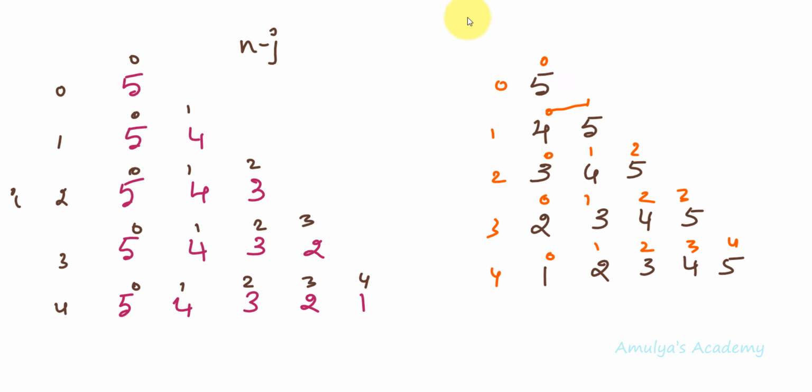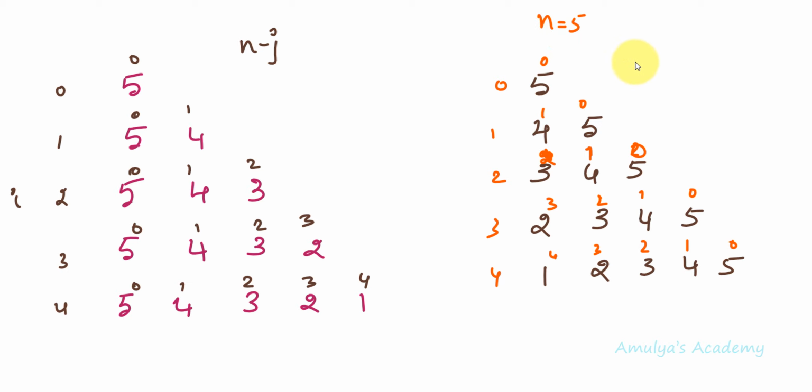If I reverse the index of column, that is, if I do this 1, 0, this is 2, 1, 0, 3, 2, 1, 0, 4, 3, 2, 1, 0. I'll reverse the index of column like this, 4, 3, 2, 1, 0. If I do that, now here you can see we'll get this output when n is 5.